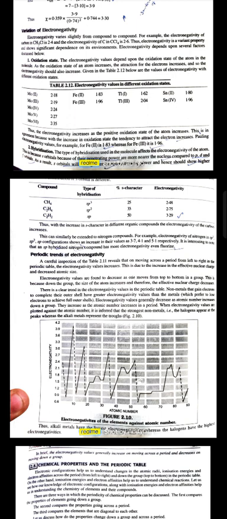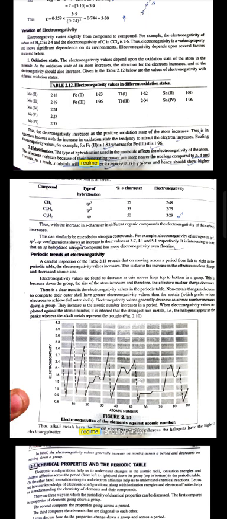Oxidation state. The electronegativity value depends upon the oxidation state of the atom in the molecule. As the oxidation state of an atom increases, the attraction for the electron increases, so the electronegativity should also increase. Given in table 2.12 below are the values of electronegativity with different oxidation states.